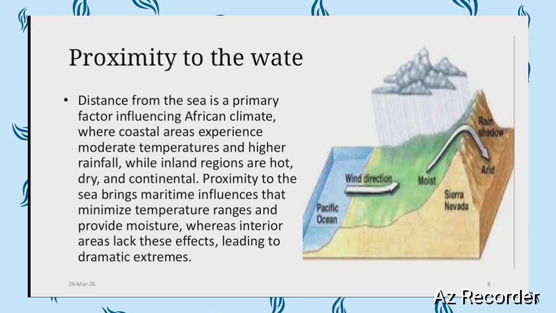Distance from the sea is a primary factor influencing African climate, where coastal areas experience moderate temperatures and higher rainfall, while inland regions are hot, dry, and continental. Proximity to the sea brings maritime influences that minimize temperature ranges and provide moisture, whereas interior areas lack these effects, leading to dramatic extremes.